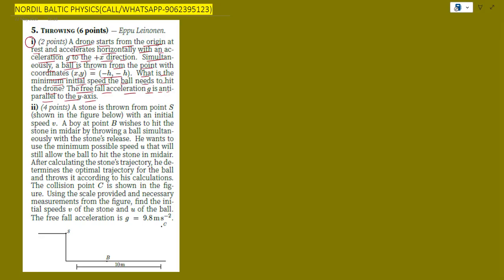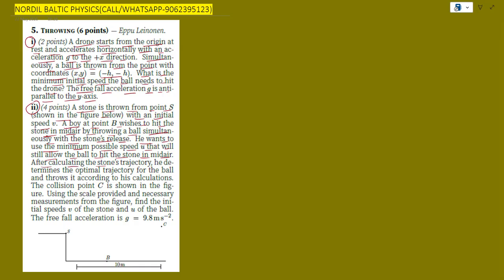And this is question number two. A stone is thrown from point S shown in the figure below with an initial speed v. A boy at point B wishes to hit the stone in the middle by throwing a ball simultaneously with the stone's release. He wants to use the minimum possible speed u that will still allow the ball to hit the stone in midair.